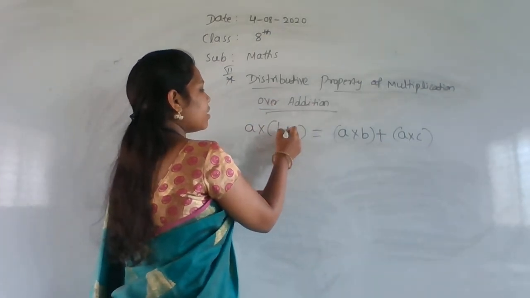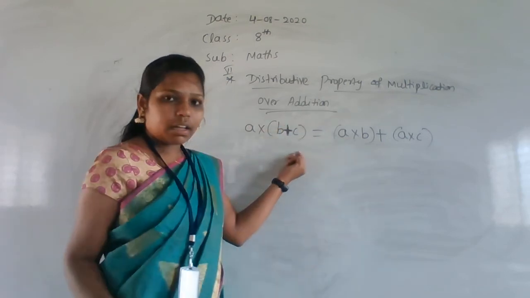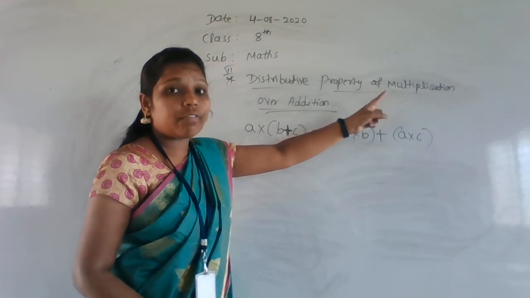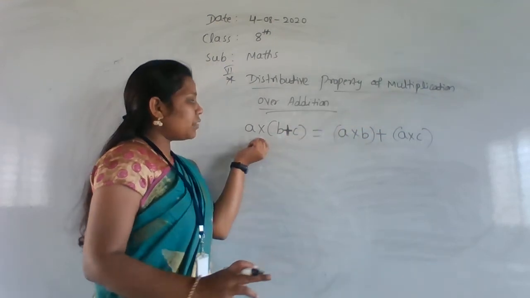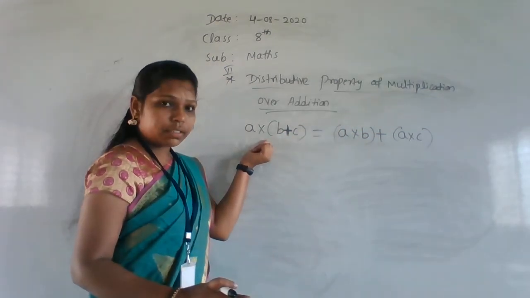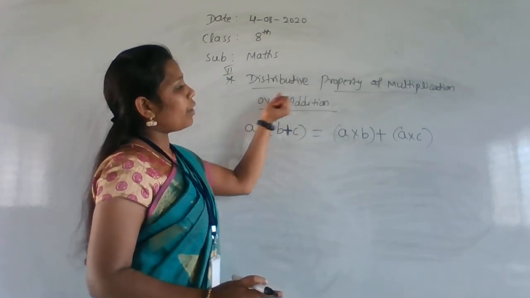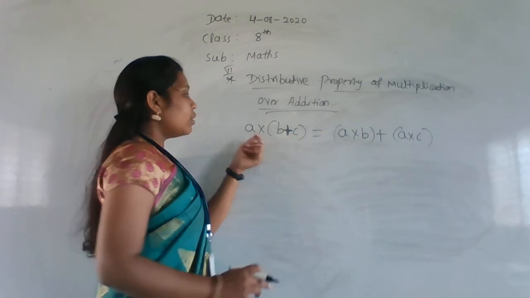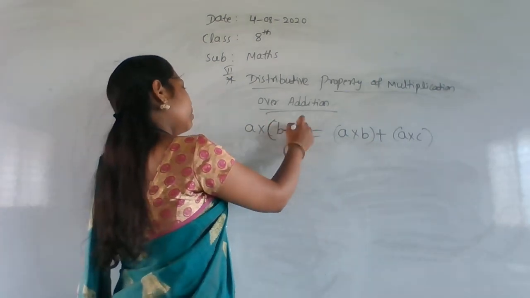That's why I am taking the addition symbol here. It is the property of multiplication, so I take the multiplication symbol. Next, over addition means we have to take an addition symbol. So open the bracket here.